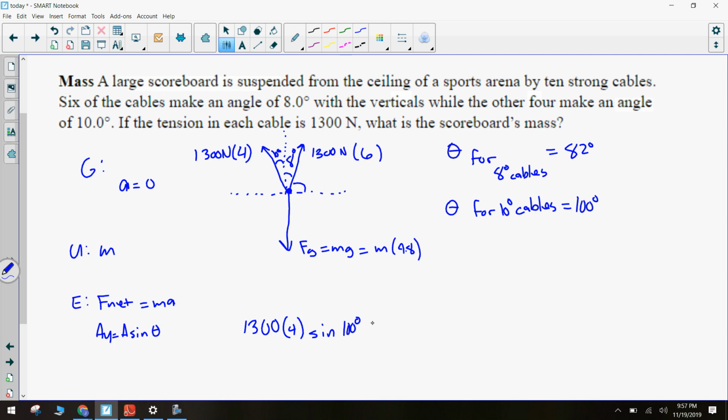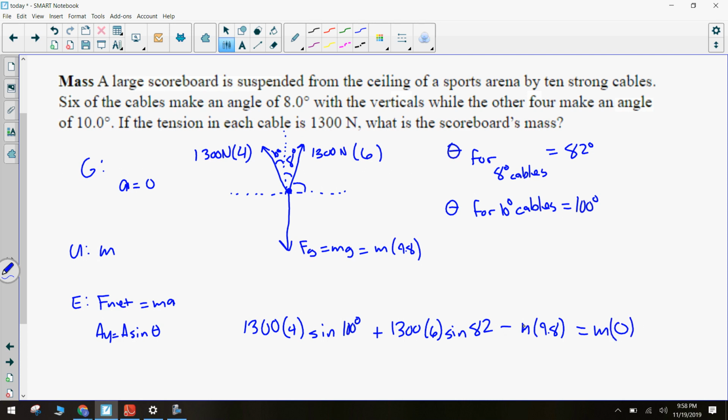Okay. Then we have plus, because we're still going up on the other side, 1,300 times 6 sine of 82 degrees minus our Fg, which was mg, which was m times 9.8, equals m times a, which is 0.